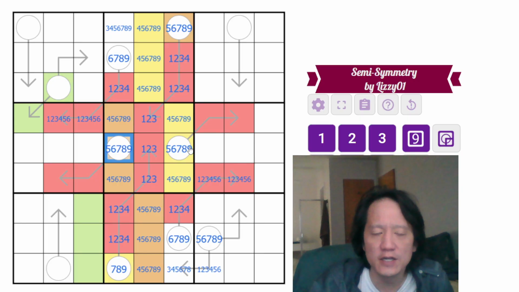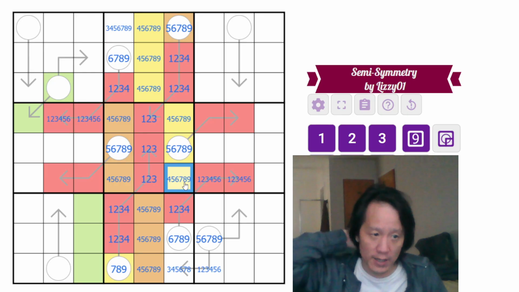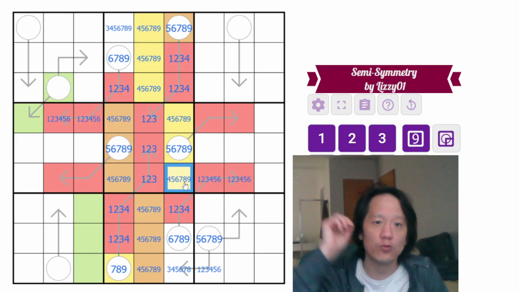Basically, if we assume that the 9 is not in one of the circles, the 9 has to be in one of the surrounding corner cells. And if it is, that means it's eliminating a 7, 8, 9 possibility for one of the circles.